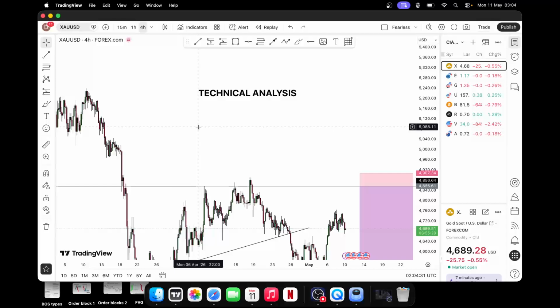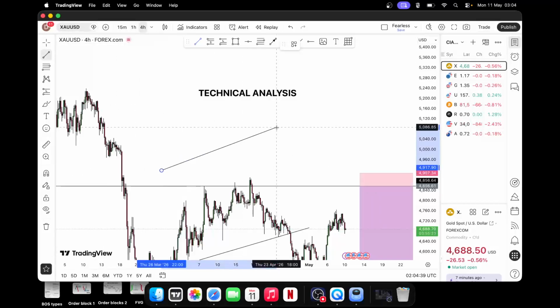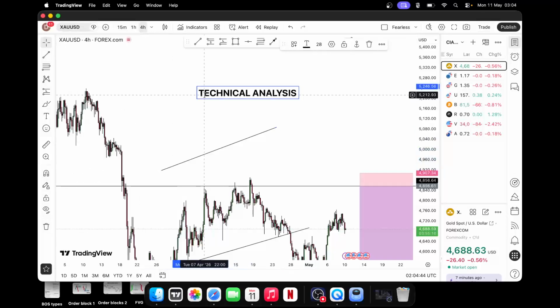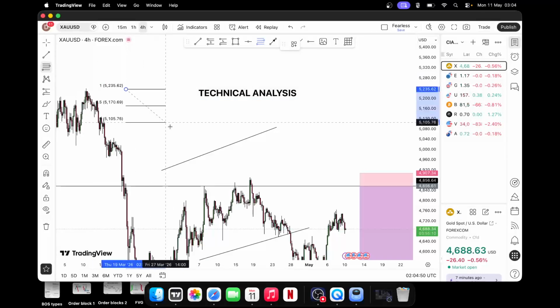If you want to draw a rectangle, you have tools, a lot of tools in this toolbar. If you want to draw a trend line, that is, a line that will slant like this, you can pick it in the trend line tool. In this one, Fibonacci retracement, we'll talk about that one later on.